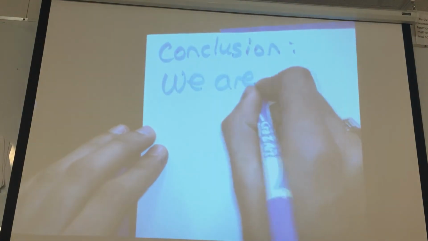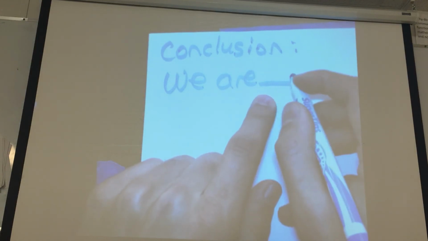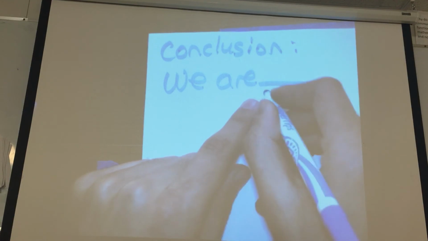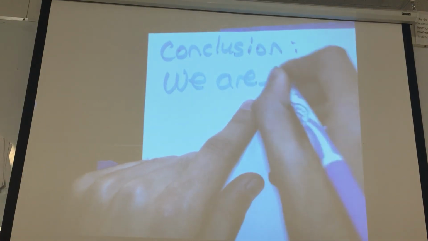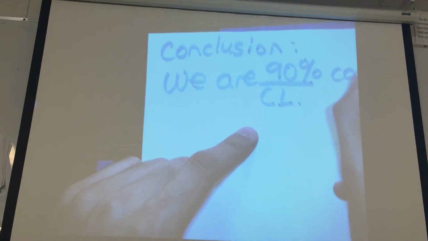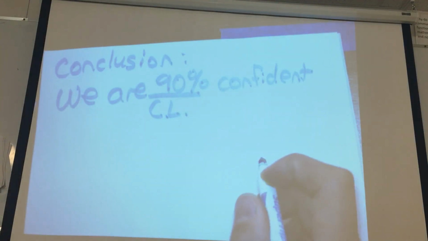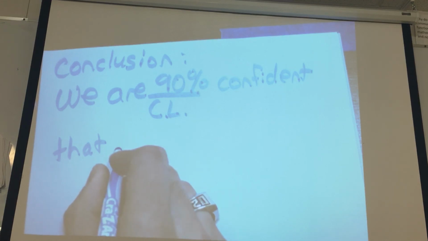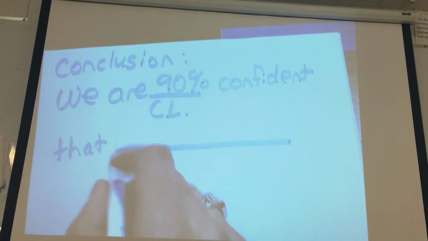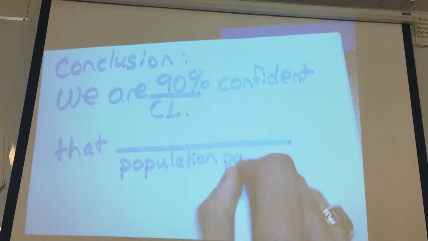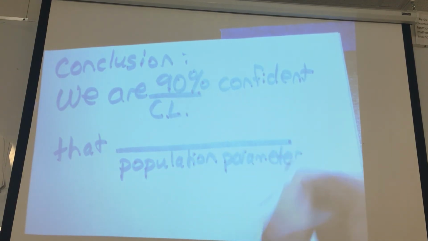We are, the blank is where you put in the confidence level. So in this case, we are 90% confident that, and in this case, you want to put this blank. This is the population parameter. So this is what you defined.